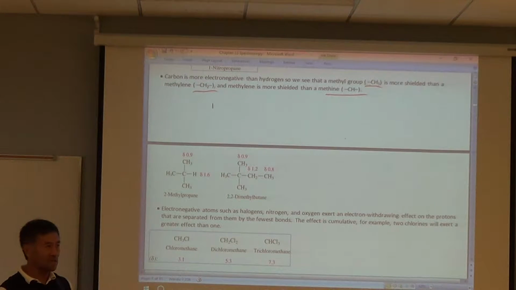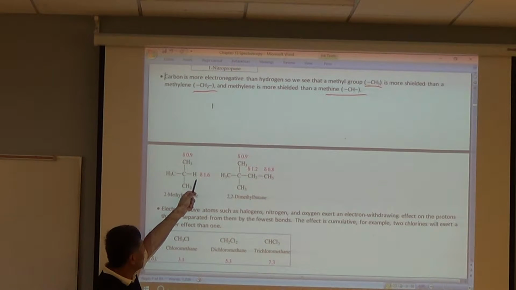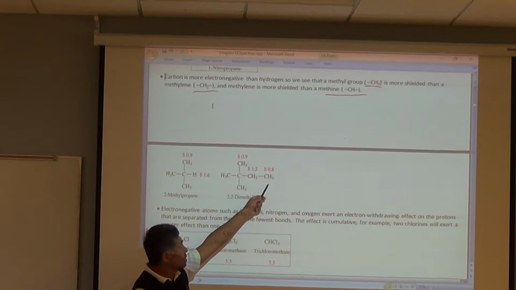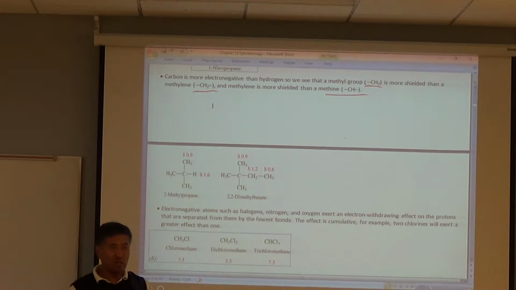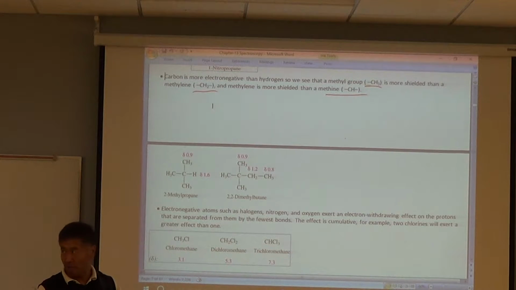H is less electronegative than carbon, so the more carbon you have, the more electron density is lost. If more electron density is lost, that means you have a larger delta, more downfield. You can see from these few examples, this is the methine H, where there are 3 carbons on this carbon and only 1 H. The delta is 1.6, and this is the methylene at 1.2, and the methyl is 0.8. Compared with methylene and methine, methyl is the most shielded. Most shielded means going upfield.